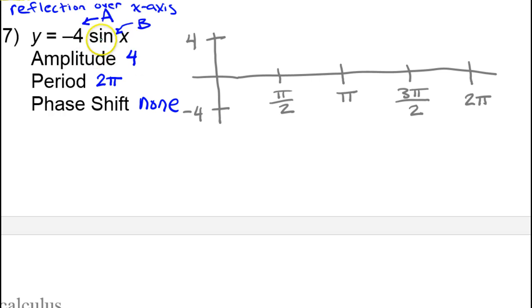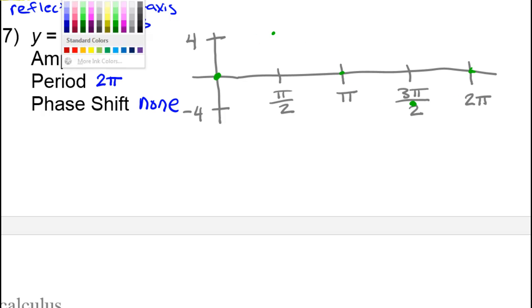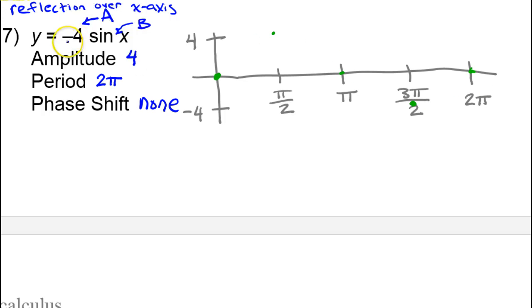Now, this is a sine function. And a sine function is always going to start right here from 0. Now, normally a sine function goes up and then back down, and then it goes down to its minimum and then back up to the midline. This is what it would normally do. However, this is a reflection over the x-axis because of this negative sign.